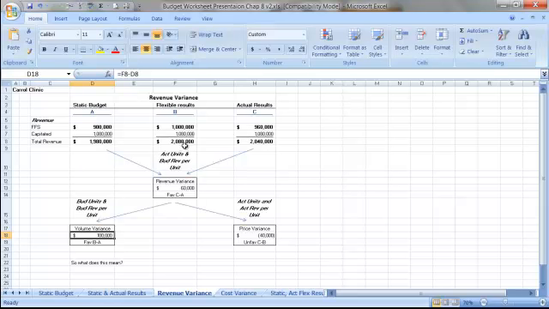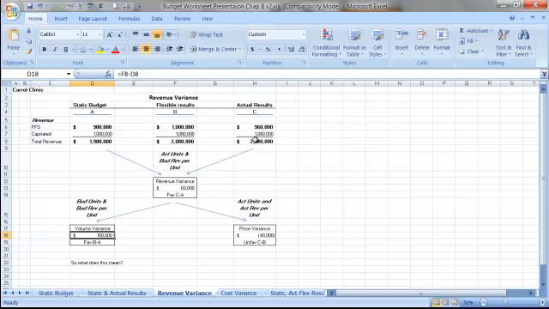Now look over here. Now we're going to look at this flexible budget as compared to our actual results, and this is where we're going to get our price variance. Because this has our actual units, and this has our actual units. This has our actual price, and this has our standard price.